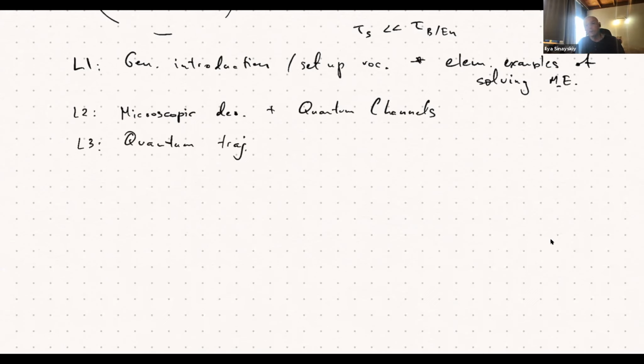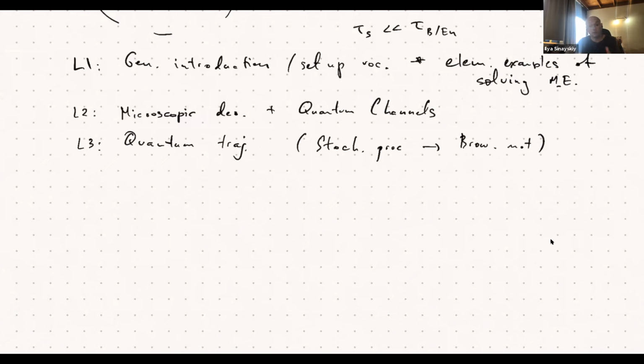For that, we will need to talk a little bit about stochastic analysis or stochastic processes. I'll probably start with something like classical Brownian motion, and show you how very similar ideas can be brought to the quantum mechanical world, and how we can play that game.